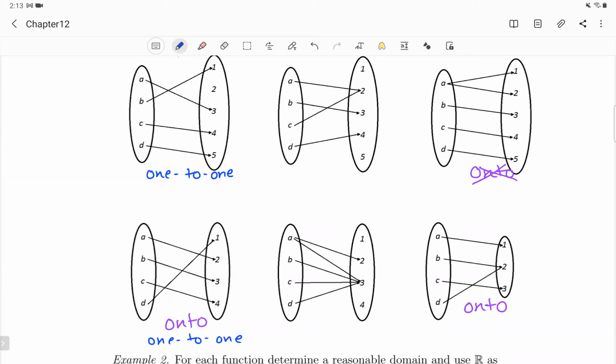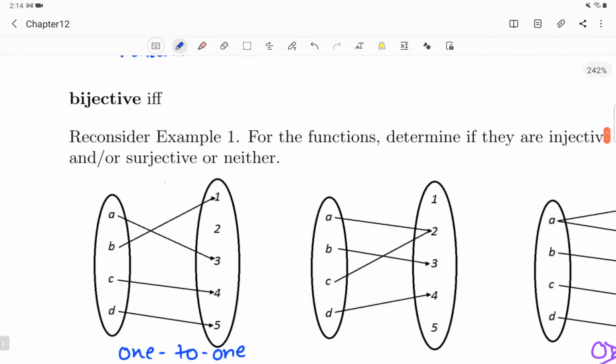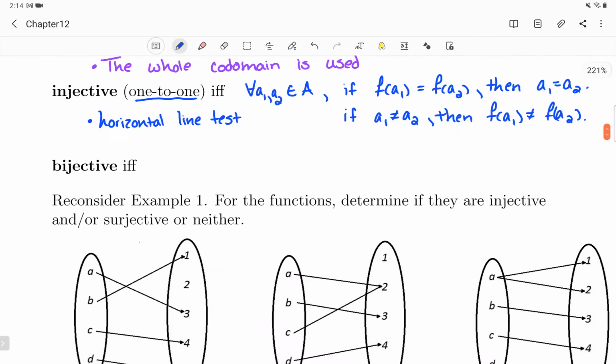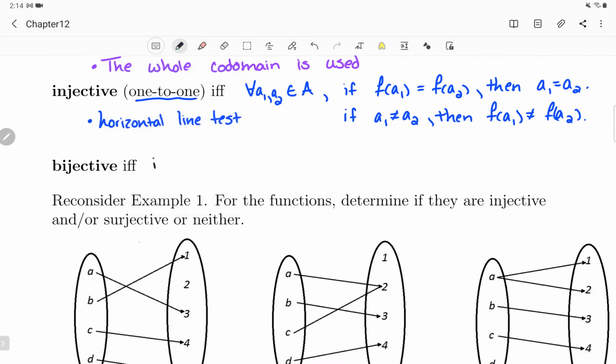All right. So that's the ideas of one-to-one and onto, and we'll keep dealing with these more and more and more. So the last word here, it's not a big leap. A function is bijective if and only if it is one-to-one and onto. Go figure. And for some reason, bijective does not get a more anglicized name or a more common sense name.